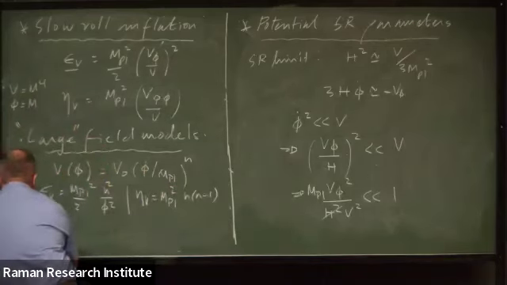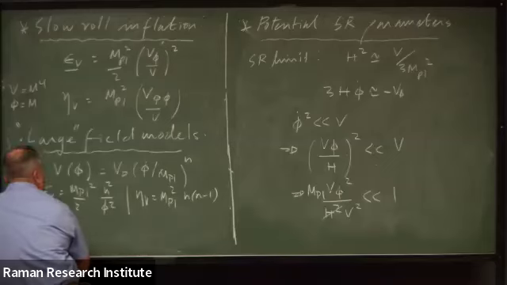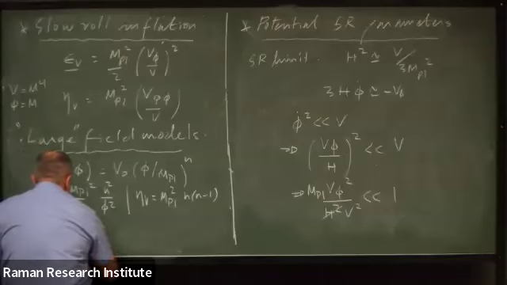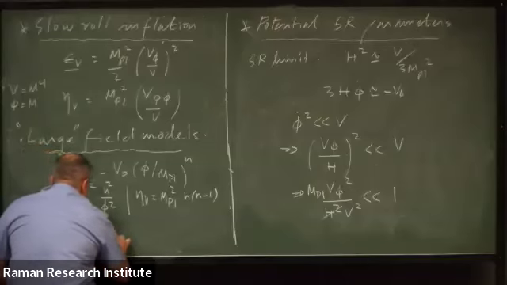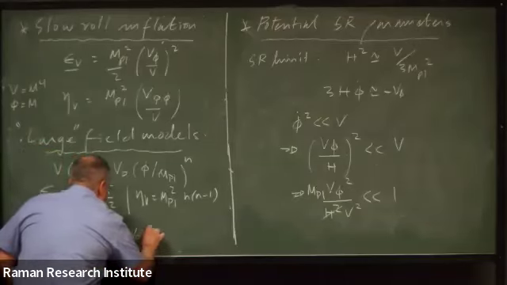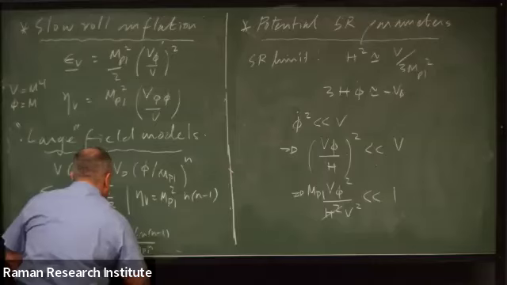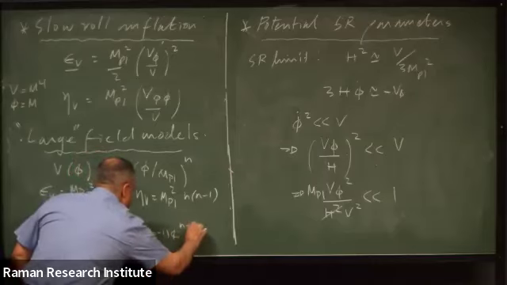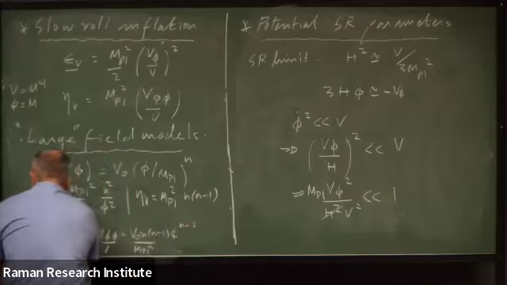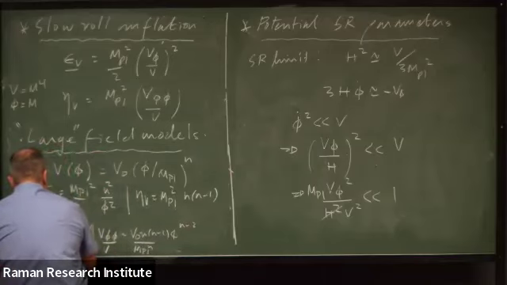So let me calculate this here. V naught n by MPL power n, phi power n minus 1. Right? V double prime is V naught n times n minus 1 by MPL power n, into phi power n minus 2, divided by V, which is V naught phi power n by MPL power n.